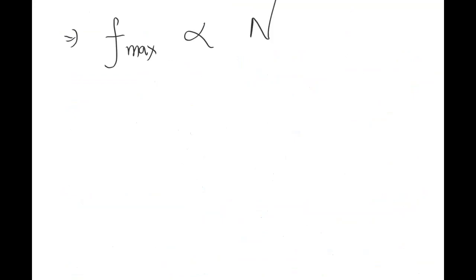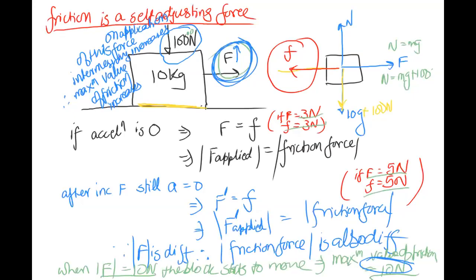Because if you think about it, it is the normal reaction which is actually measuring the intermeshing between the two surfaces. जब नॉर्मल रिएक्शन mg प्लस 100 हो गया तो आपने बोला कि इंटरमेशिंग इंक्रीज कर गई है। यस, इट हैज इंक्रीज। जब ये नॉर्मल रिएक्शन और बड़ा हो जाएगा तो इंटरमेशिंग और इंक्रीज कर जाएगी। A normal reaction is really measuring the level of intermeshing between the two surfaces, and the level of intermeshing between the two surfaces is what decides what the maximum friction force can be.